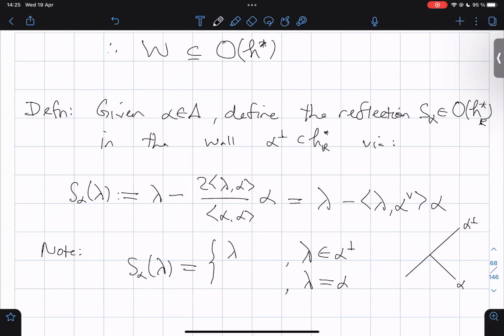What is it going to do to alpha? If I have alpha in over here, then this cancels with that, and so I have alpha minus 2 alpha, so that's minus alpha. So what the reflection just did is it sends alpha to minus alpha, but it fixes every point in this perpendicular. That's what a reflection does.